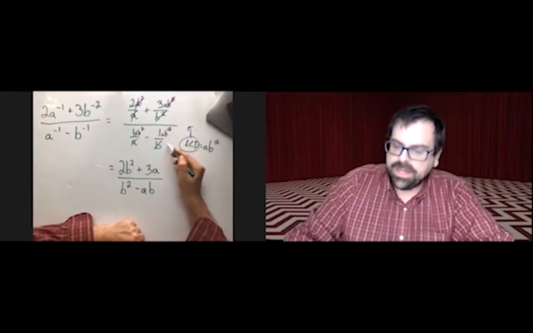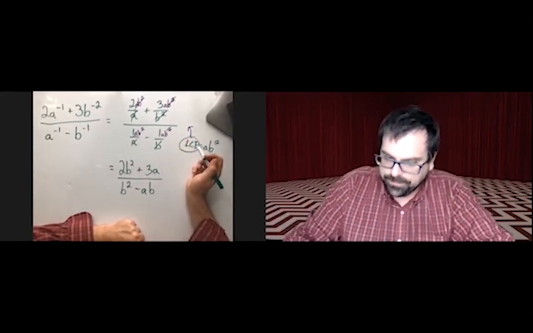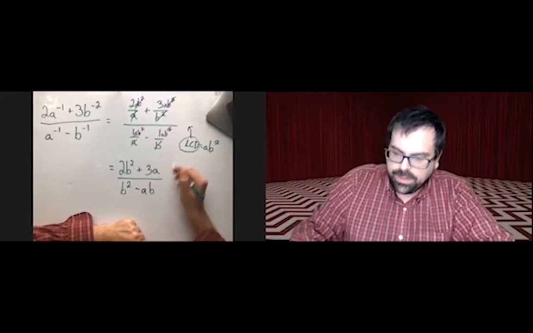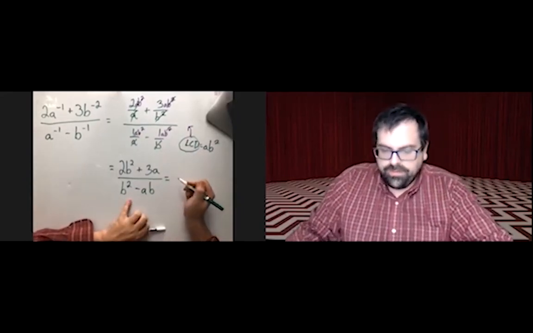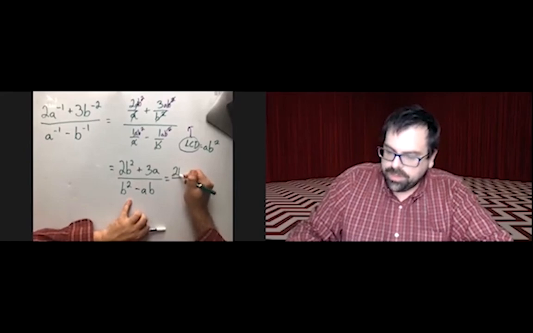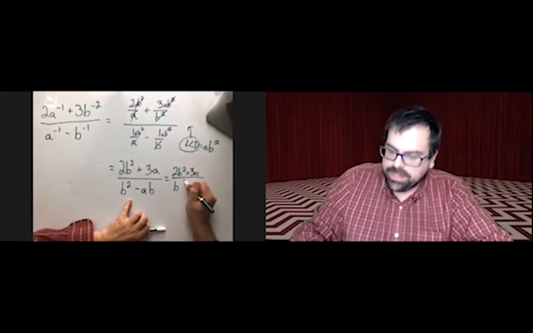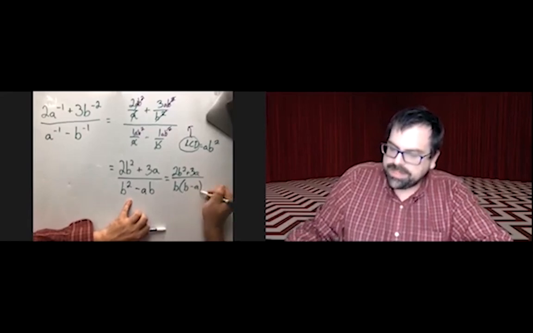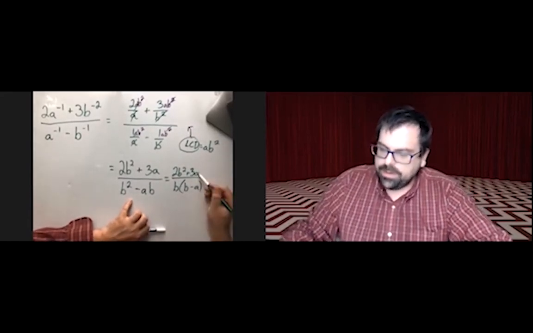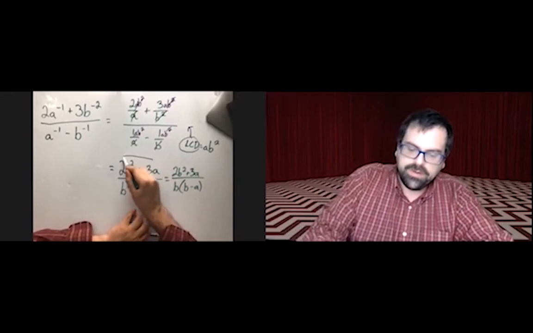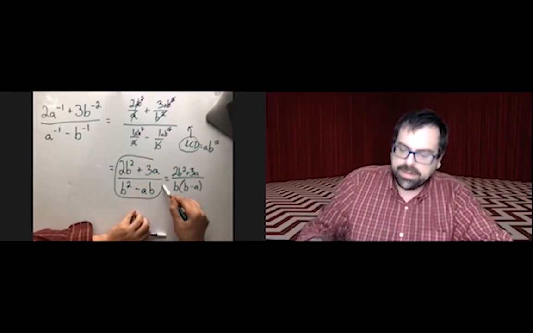Only one of the B's had canceled. We can factor on the bottom, not on the top. Take out a B. We're left with B minus A. But it's okay if you didn't do that because it didn't matter.